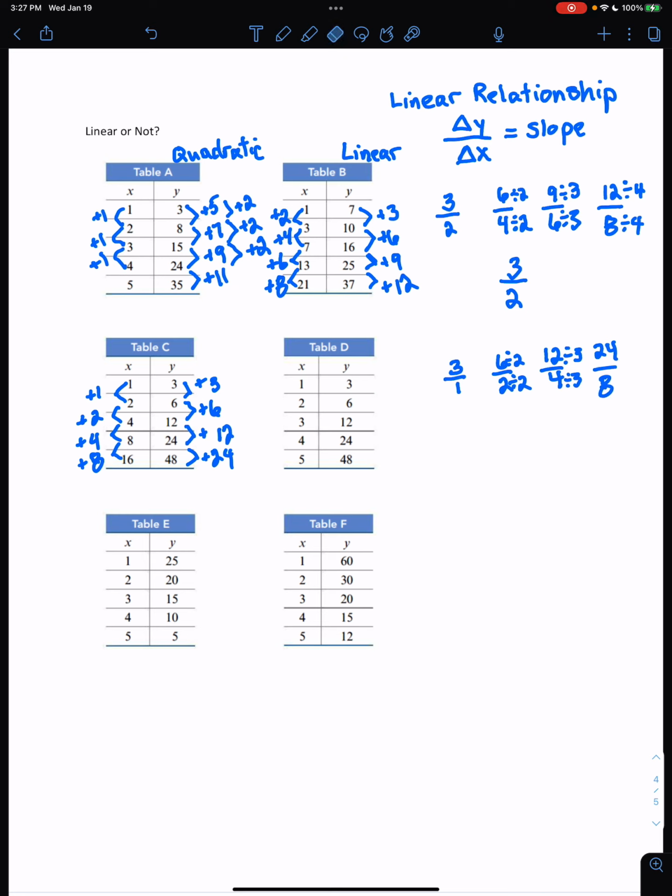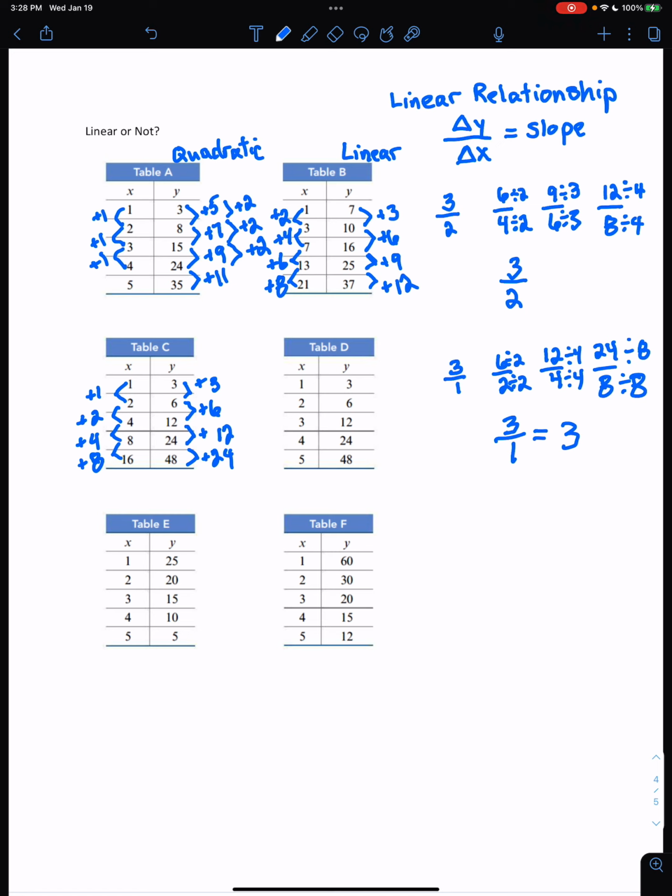And I misspoke here. For 12 over 4, we're going to divide the top and the bottom by 4. And for 24 over 8, we're going to divide the top and the bottom by 8. And each time we end up with 3 over 1, which is the same as 3.